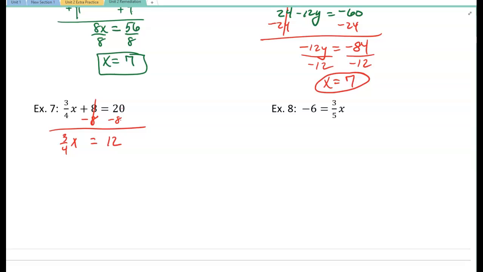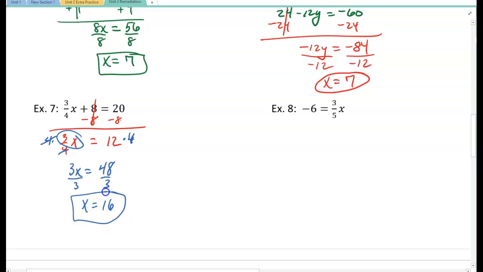Now, since it's a fraction, to get rid of it, the first thing I'm going to do is multiply both sides by the denominator. 4 is eliminated here. What am I going to bring down? 3x equals 12 times 4 is 48. Now I can go ahead and divide by 3, and x is equal to 16.